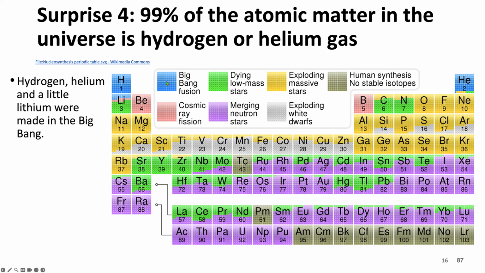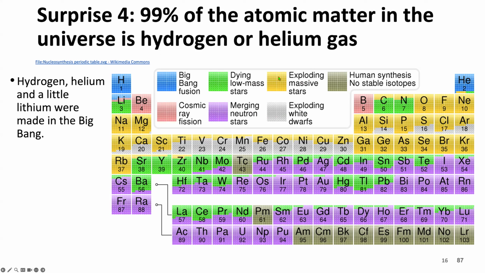With the intense pressure and energy that existed in the very early universe, we get hydrogen, helium, and this bit of lithium. Lithium is a metal. And then you see other sources of various kinds of atoms that we find here on Earth, in the solar system, and out there in the cosmos.